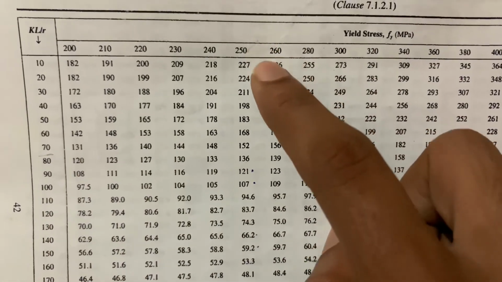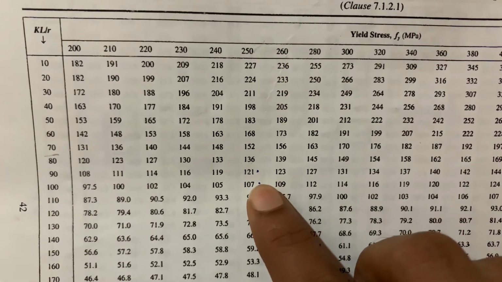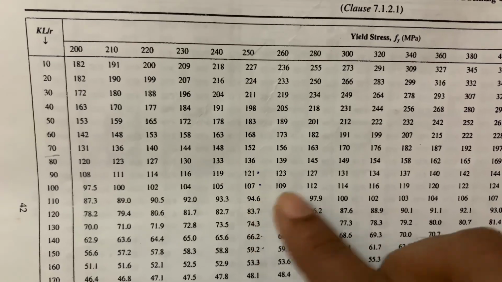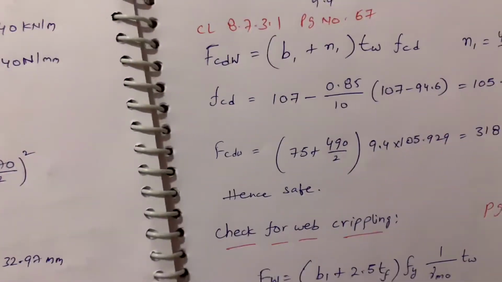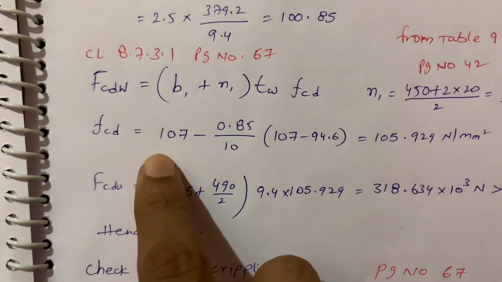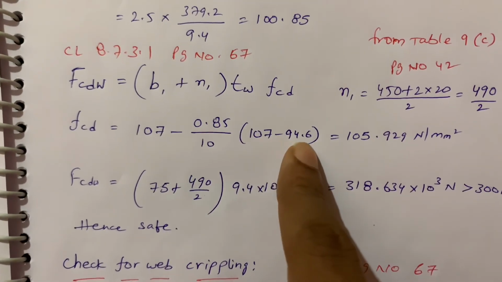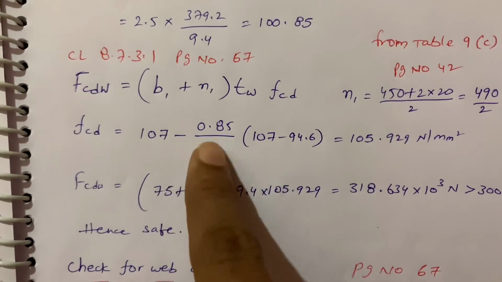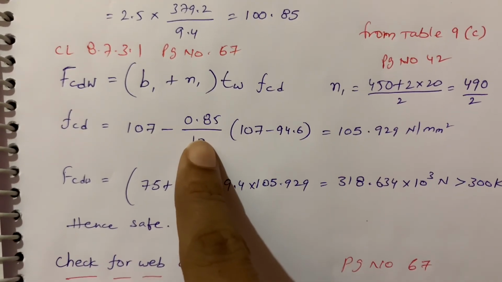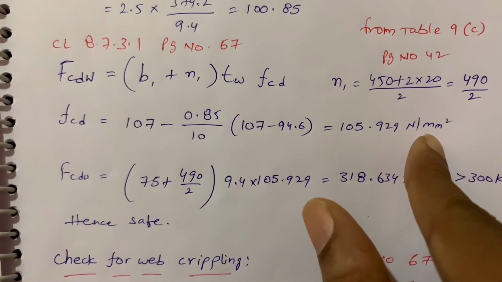For this, 250 gives 107 and 94.6 is our value. So by doing interpolation, 107 minus 0.85 by 10 into 107 minus 94.6. I already explained this process in my previous videos. So I got this value.